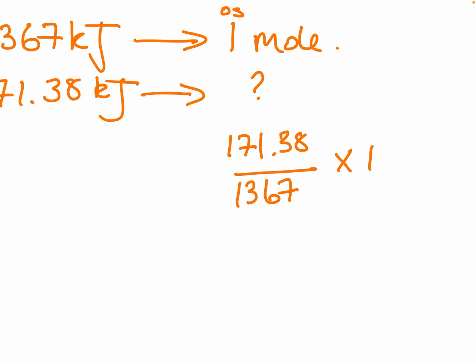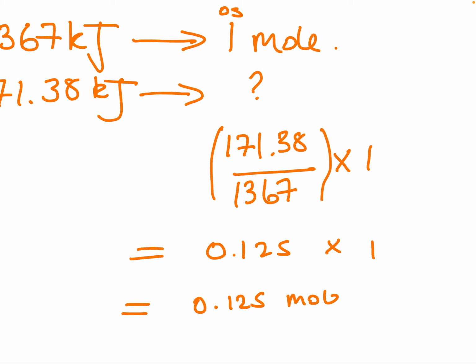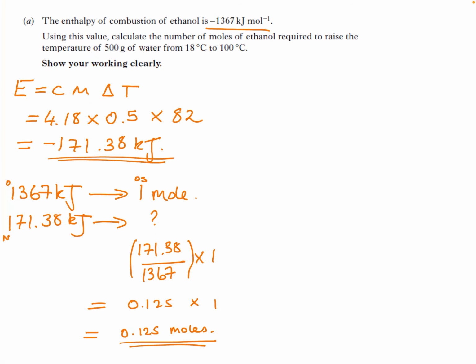If we do this in the calculator, remember we want to do this first, and then if you're times at 1, it doesn't matter for this one. So we're going to end up with 0.125 times by 1, so it's just the same. It's going to be 0.125 moles. And that is the answer there.